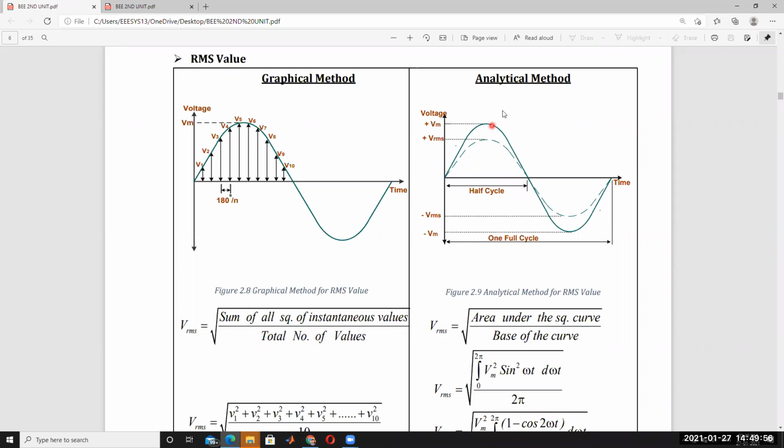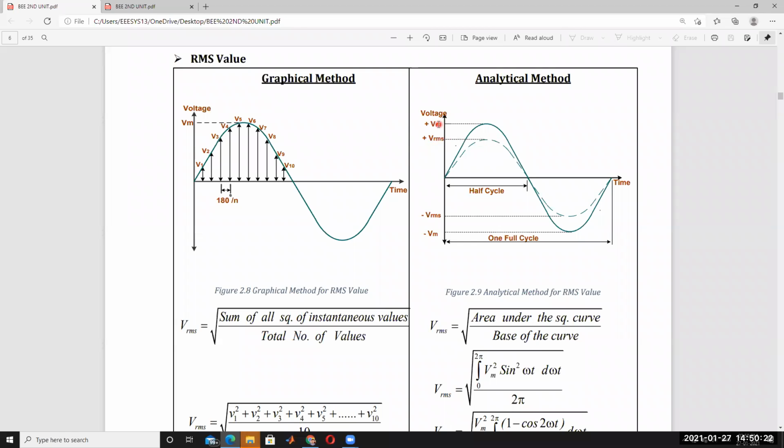For the analytical method, this is called the half cycle, and this is called the full cycle. This is plus VRMS, minus VRMS, the RMS values, and plus Vm and minus Vm are the maximum values. But the RMS value is less than the maximum value.